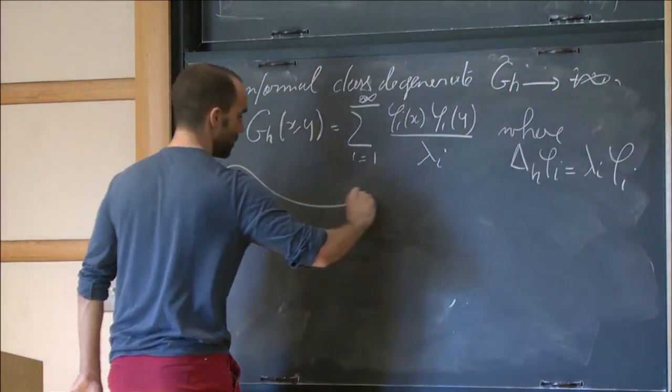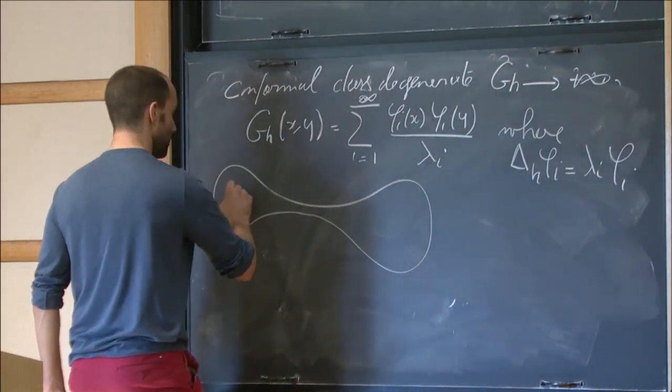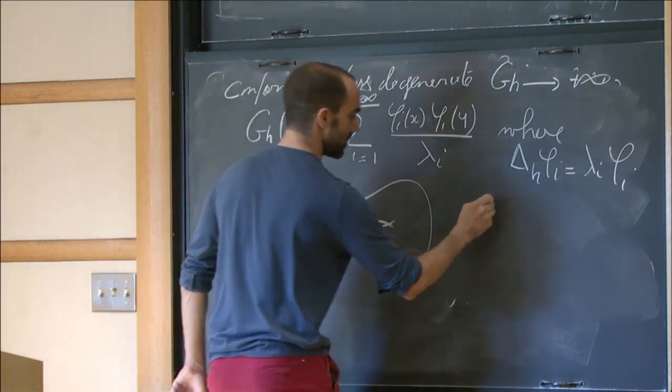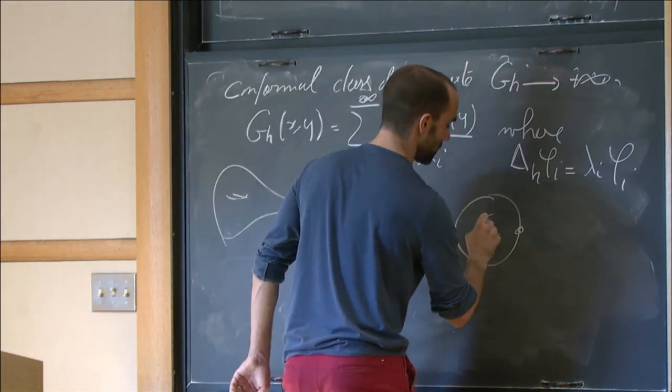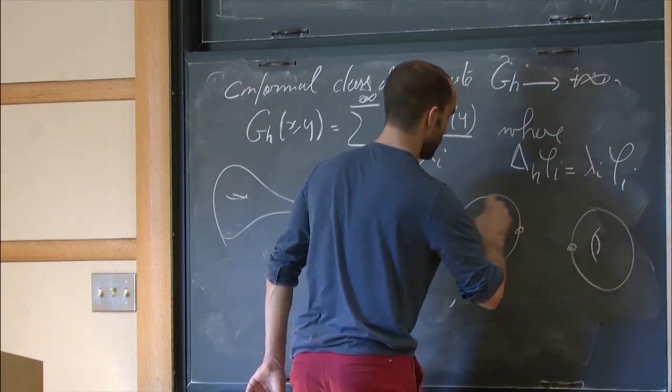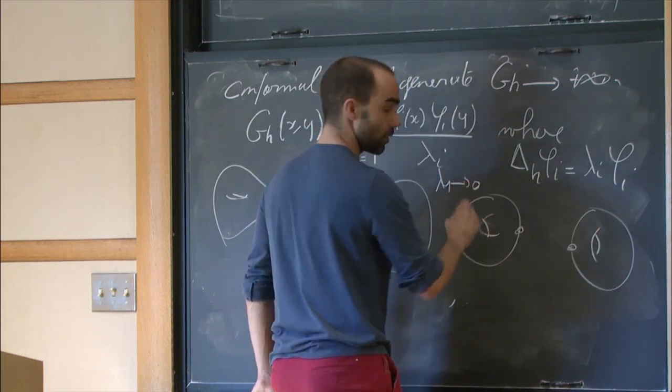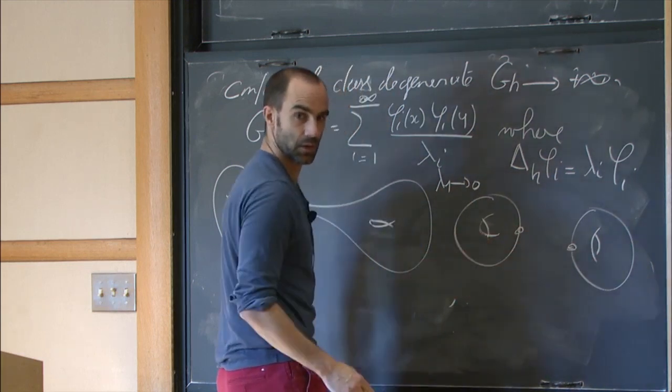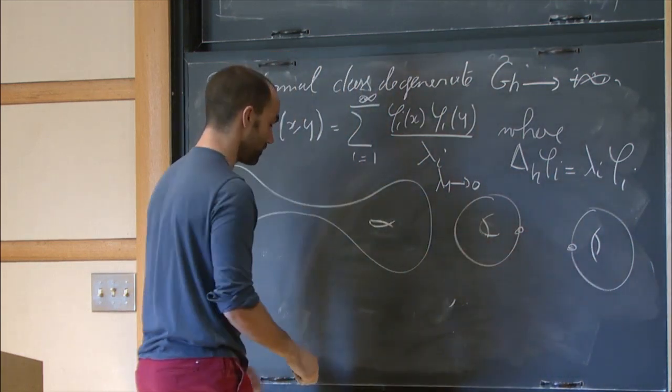And so if your conformal class degenerates, at the end the limit of the nodal surface is disconnected. And so lambda 1 is going to go to 0, because here lambda 1 is 0. And so your function is blowing up.